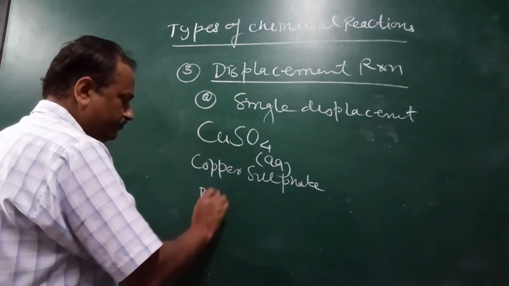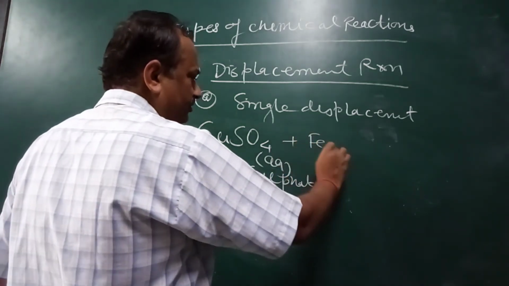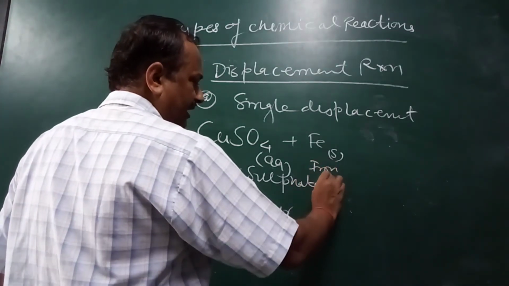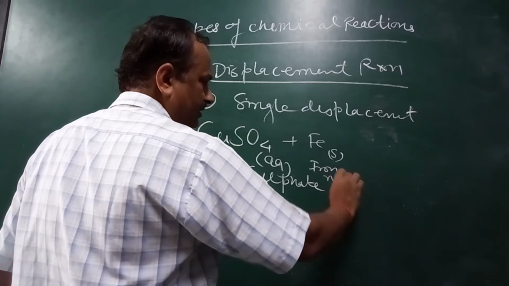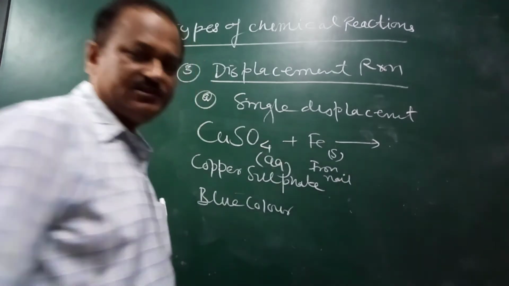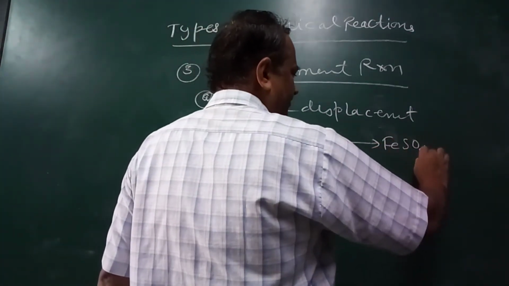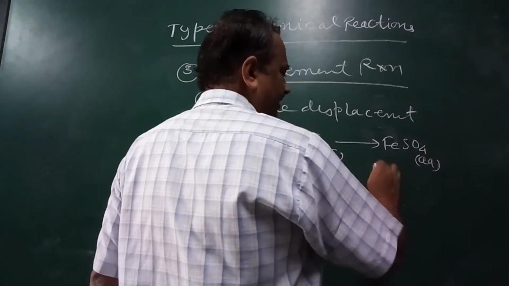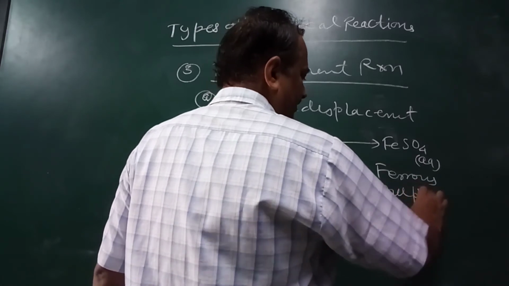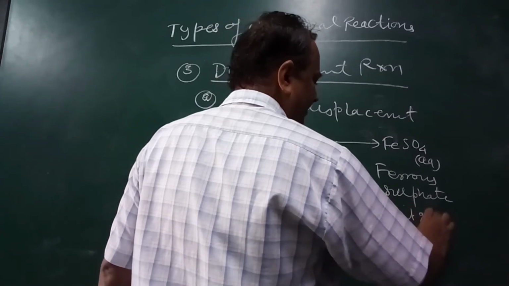It has blue color. When we put an iron nail, you know iron has grey color, we keep it for some time, and after that there is a solution of ferrous sulfate, which has light green color.